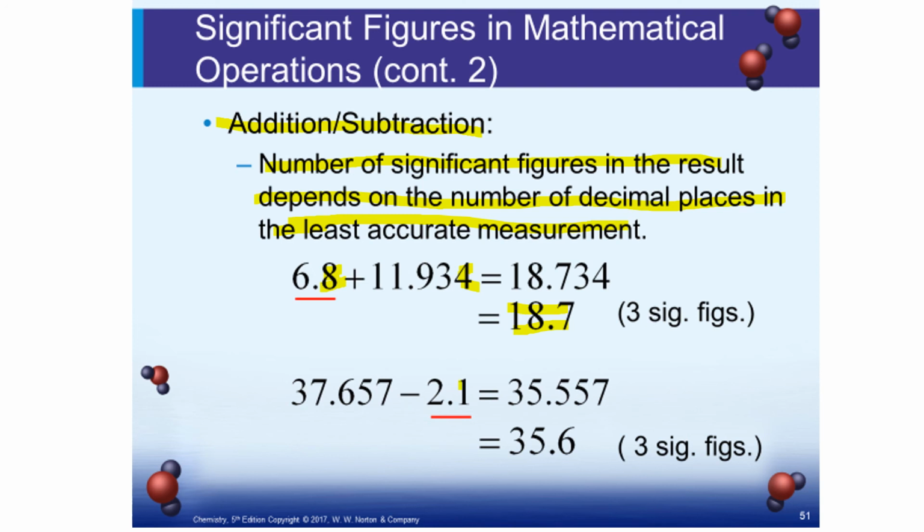The 2.1 is at the 10th place. That means I need to round at the 10th place. So my final answer, I need to round at that 10th place, and that's going to give me my final value. So multiplication and division, we're looking at least number of significant figures. Addition and subtraction, least number of decimal places.